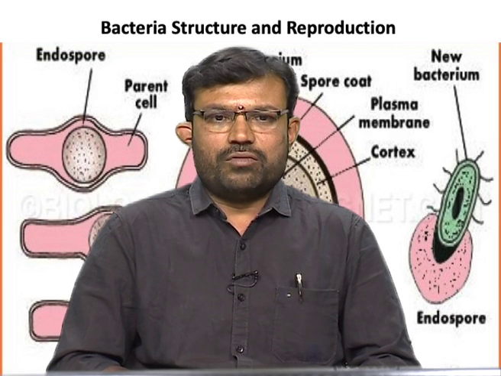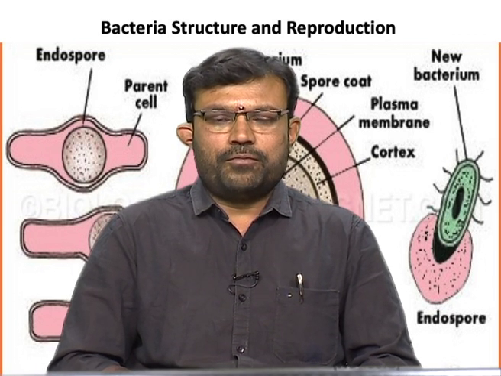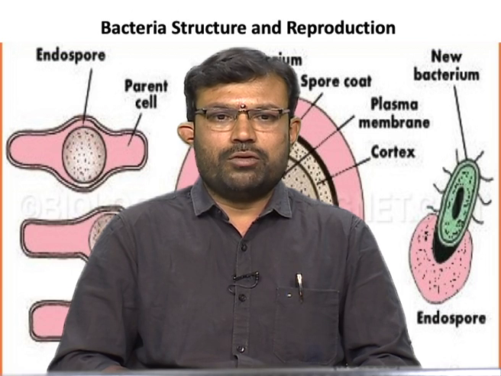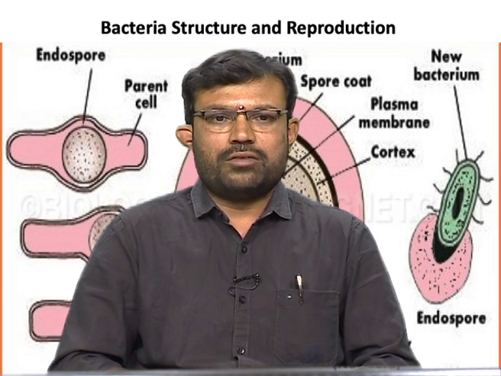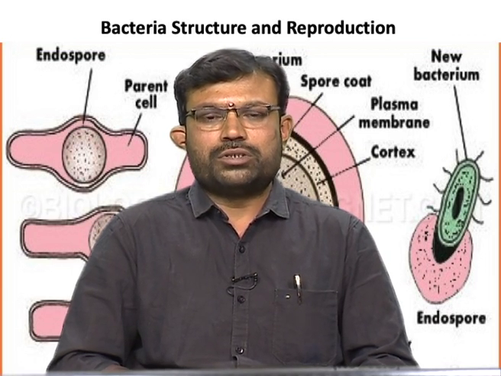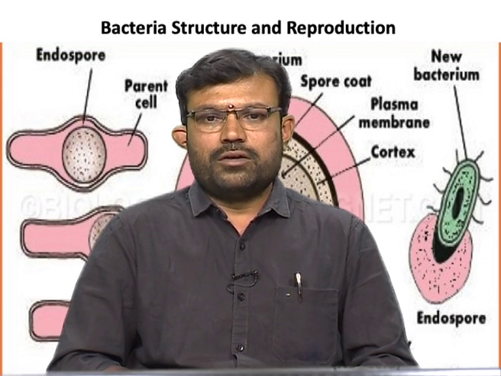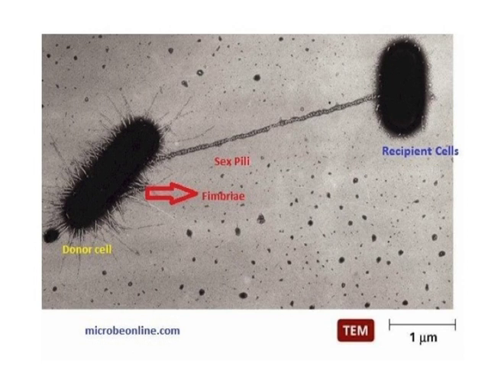On this cell wall, different types of outer growths develop. On the bacterial cell wall, different outer growths are formed. In that, one is pili or fimbriae, then flagella, and next sex pili. These are the outer growths formed on the bacterial cell wall.